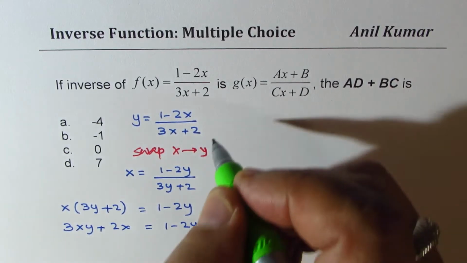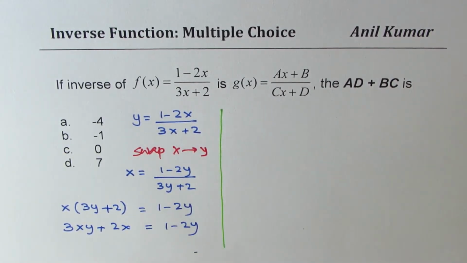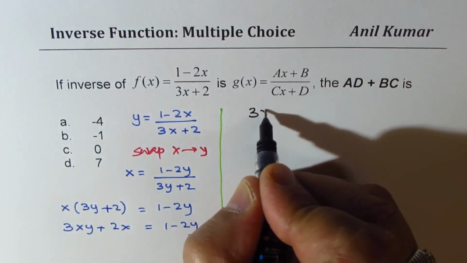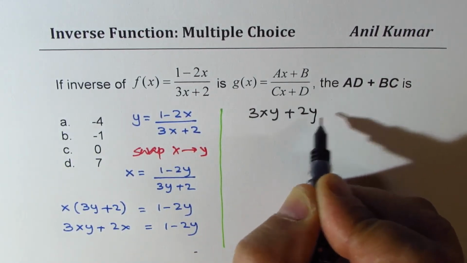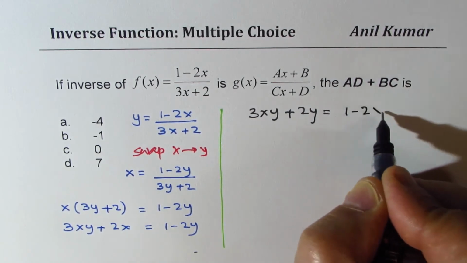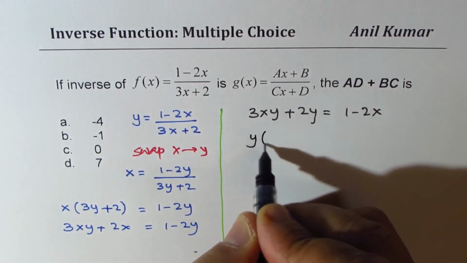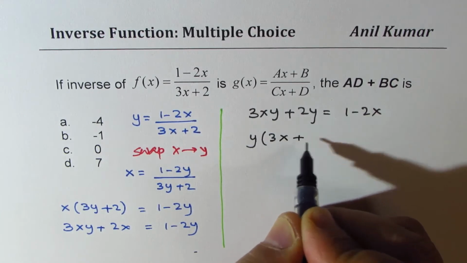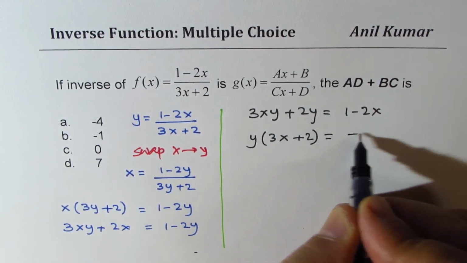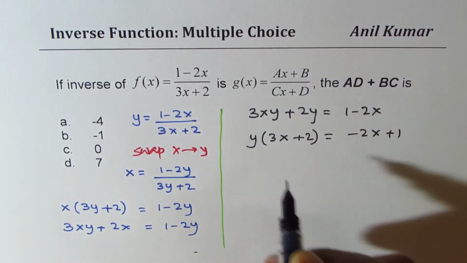We need to isolate y to find the inverse. So let's bring all the y terms together. We have 3xy plus 2y equals 1 minus 2x. Taking y common, we get y times 3x plus 2 equals, let me write this as, minus 2x plus 1.